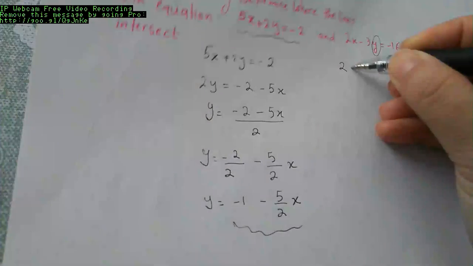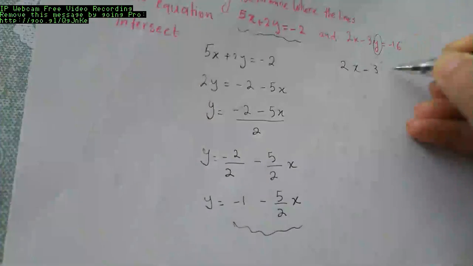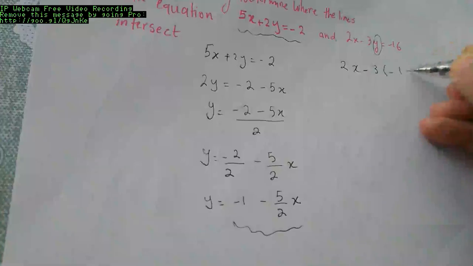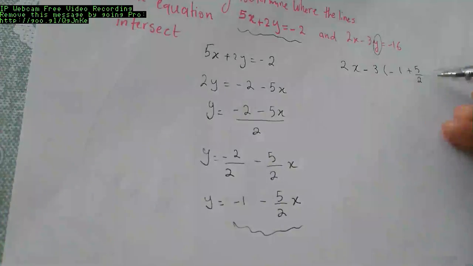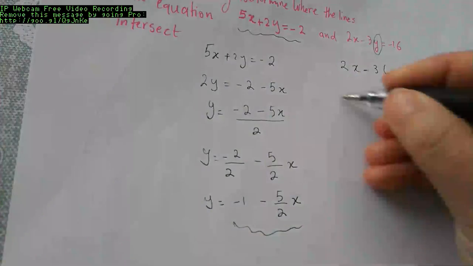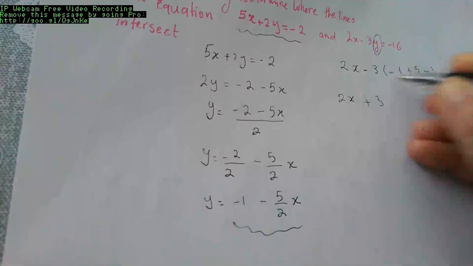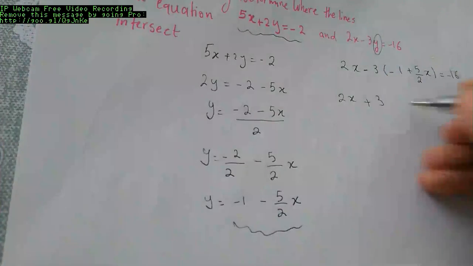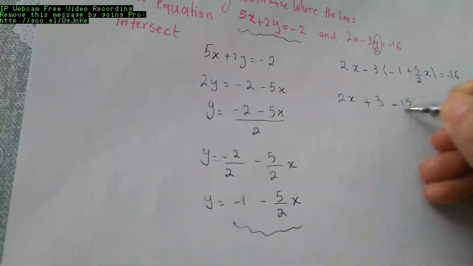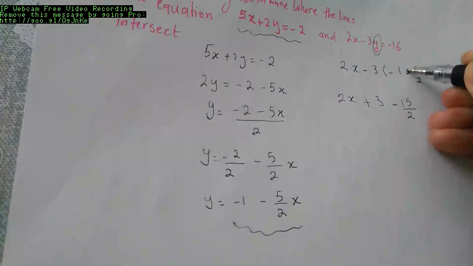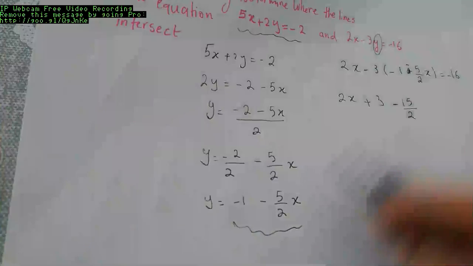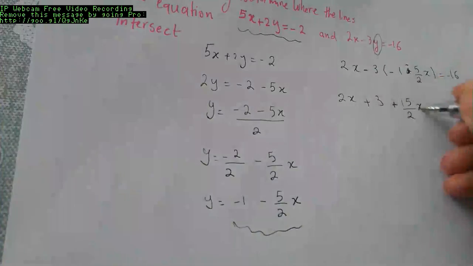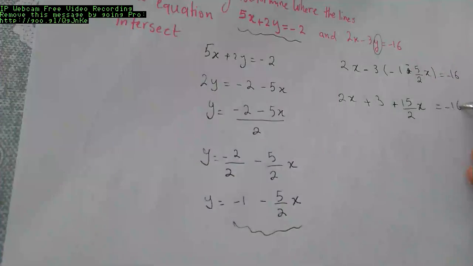Then in the other equation, instead of the y, I substitute this here. So it's 2x minus 3 times (-1 minus 5 over 2 x) equal to -16. Now I'm just expanding. This is 2x, this multiplied by that, and this multiplied by that, I get -15 over 2. Oh, actually, guys, that was negative here, so it's going to be positive 15 over 2 x equal to -16.